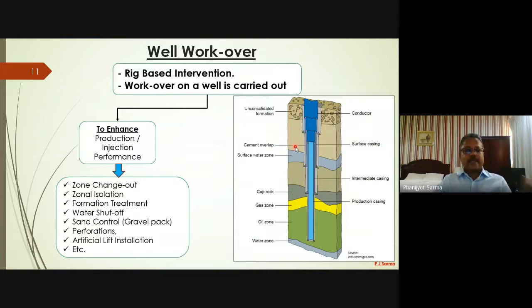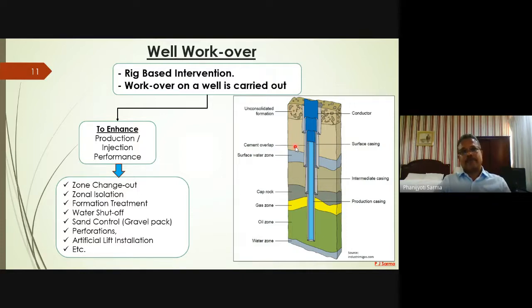Then it could be zonal change out. Formation treatment: over a period of production, the formation is getting plugged up. It could be production skin, or it could be some injection skin also. So the formation needs to be treated. Then water shut off is another objective for carrying out the well workover.